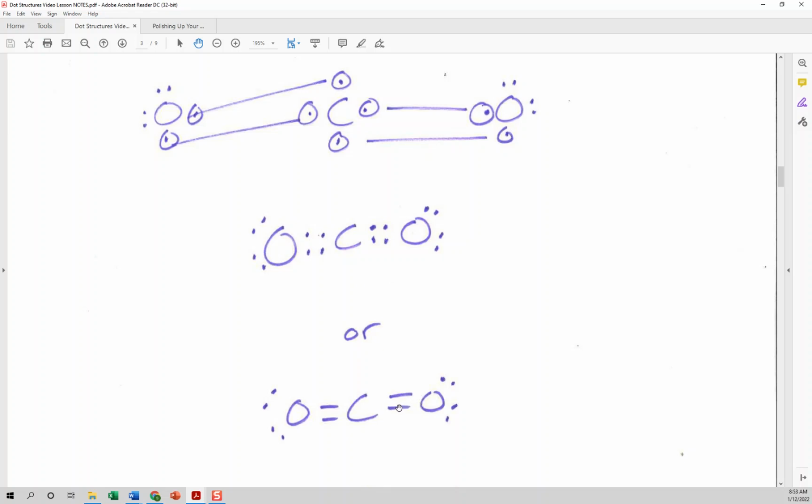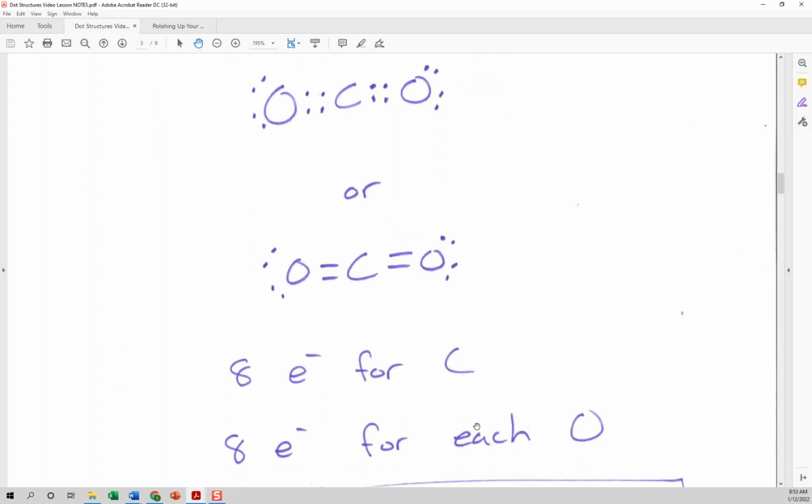I get 2, 4, 6, 8 electrons for the carbon, satisfying the octet rule, and each oxygen has 2, 4, 6, 8, satisfying the octet rule for each of the oxygens. So there we go, that's my molecule, that's my dot structure. Now let's go to the shape.